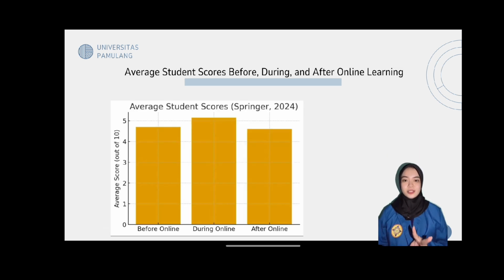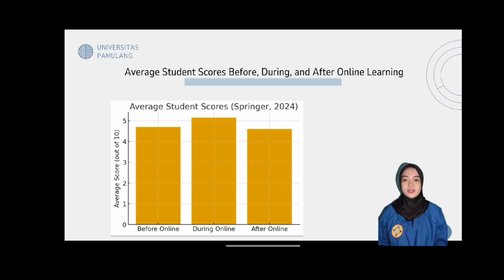The second study was published in the Discover Education journal by Springer in 2024. The study compared student average scores before online learning, during online learning, and after returning to face-to-face classes. As you can see in the bar chart, the average score increased from 4.7 before online learning to 5.15 during online learning. However, after going back to face-to-face classes, the score decreased again to 4.6.